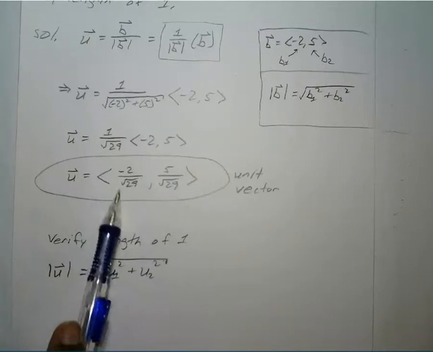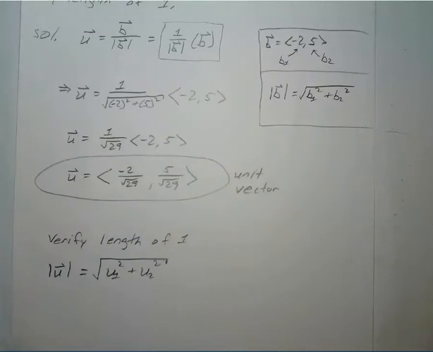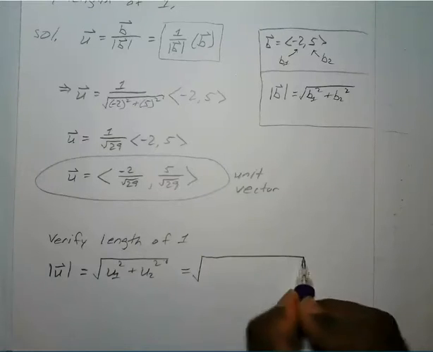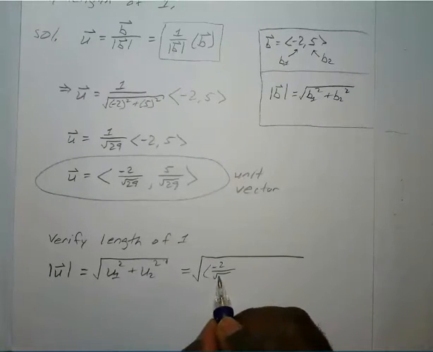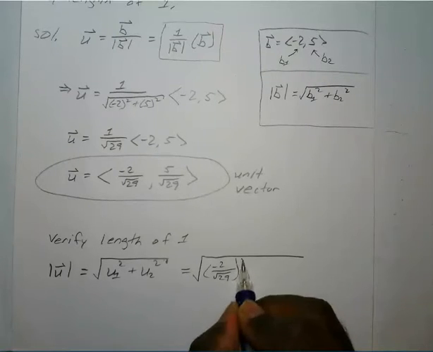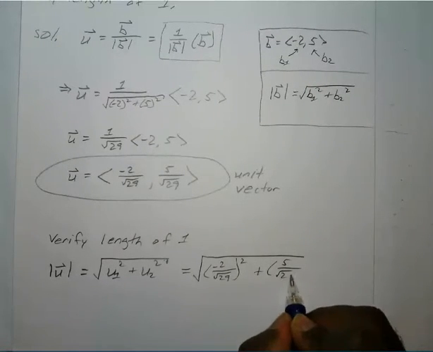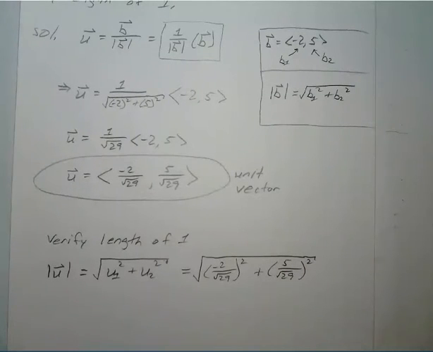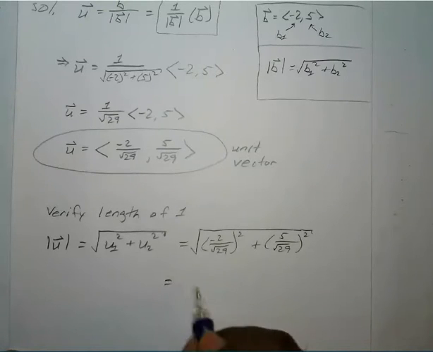This is our first component and this is our second component. So that gives us the square root of -2 over square root of 29 squared plus 5 over the square root of 29 squared. We go ahead and simplify that.